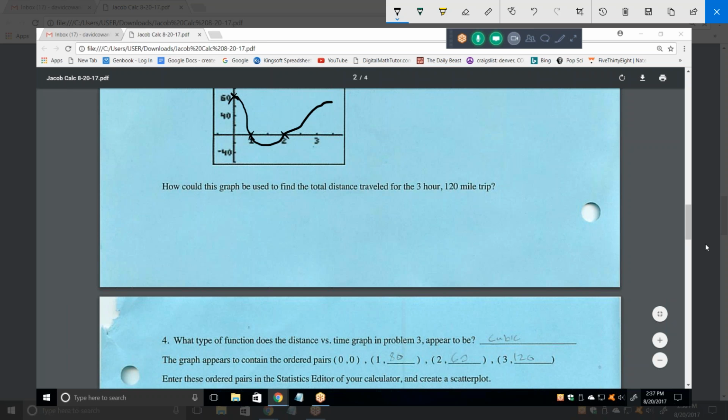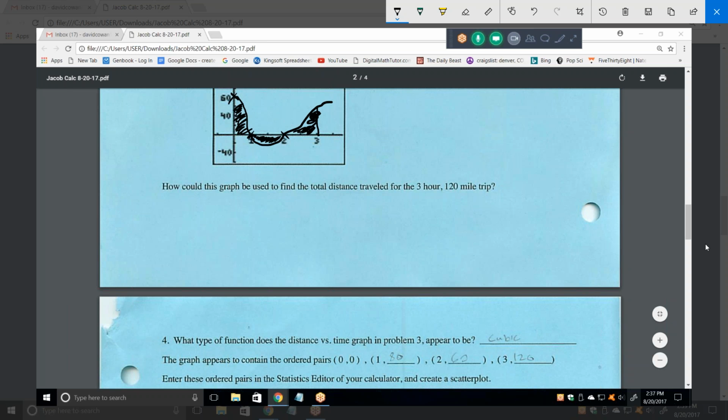In other words, if I were somehow able to figure out that area, which is positive, and subtract out that area, which is negative, where you're going backwards in distance, and then to somehow add the area there, where you're going forwards again, and I added up all three of those distances, that would be the distance I traveled. And that will equal 120.